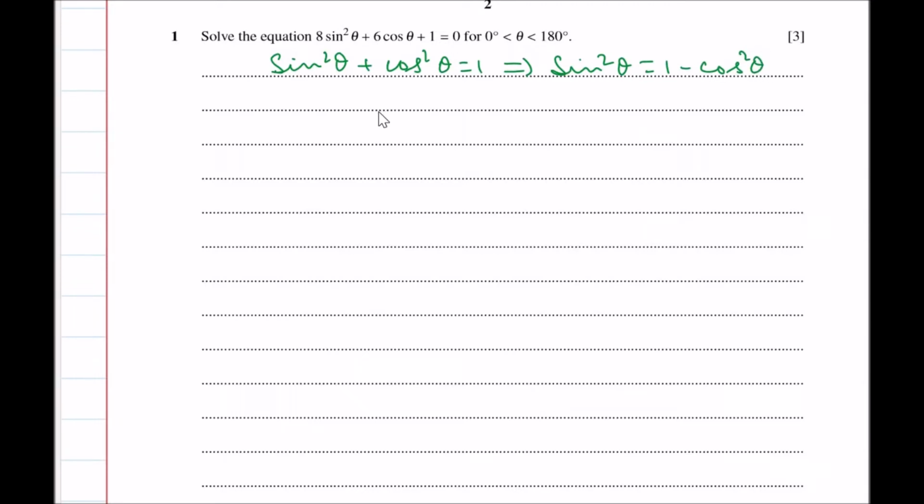Now we'll substitute this in place of sin square theta so that we'll get a quadratic in terms of cos theta.